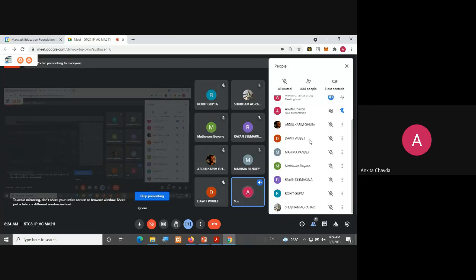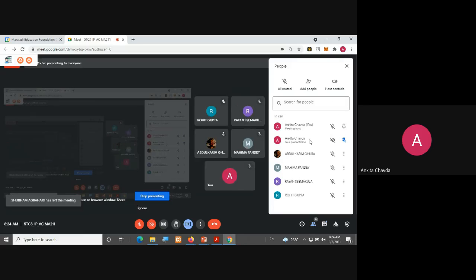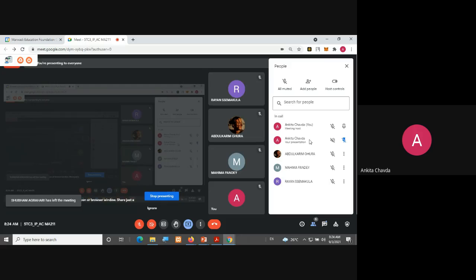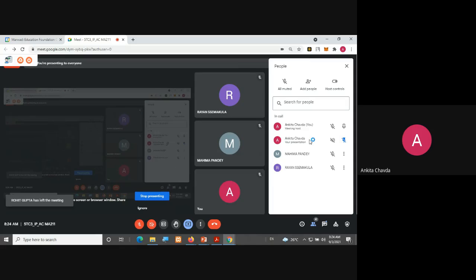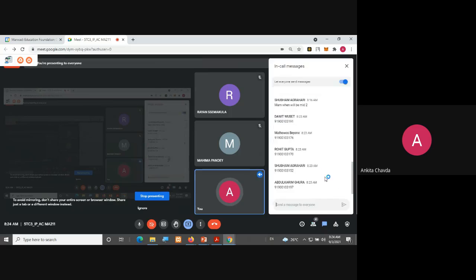You can write your numbers and you may leave. You can write your enrollment numbers and you may leave the meet.